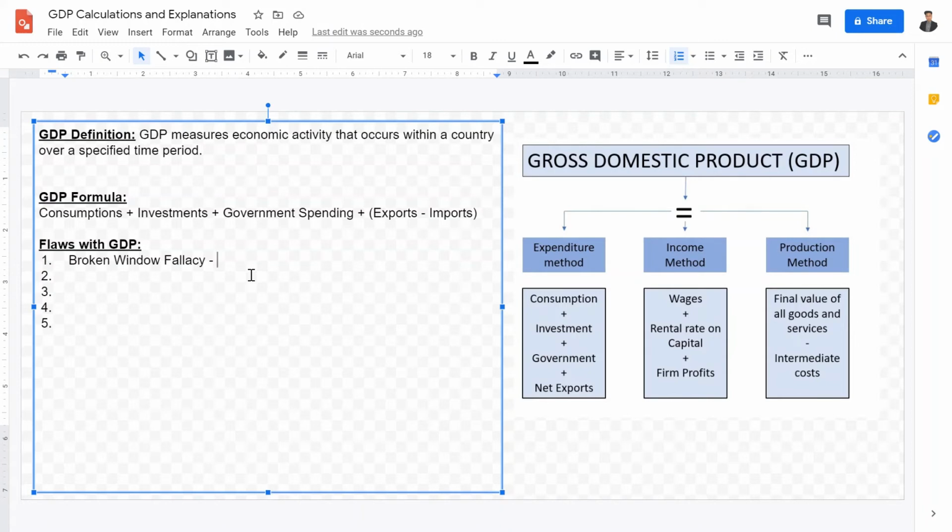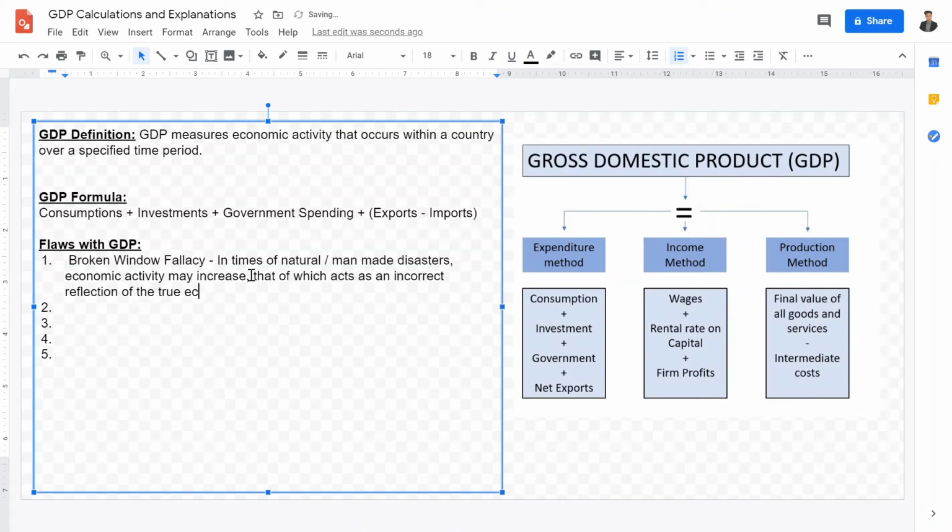So in times of trouble, economic activity may increase. In times of natural or man-made disasters, economic activity may increase, which acts as an incorrect reflection of the true economic measures. So that's the first one, the broken window fallacy.